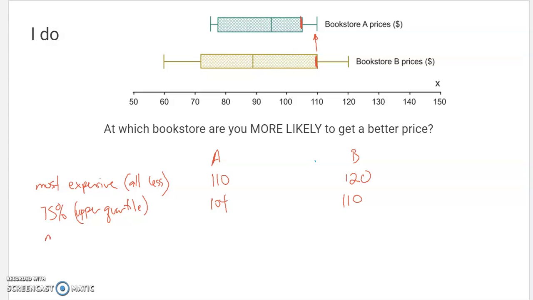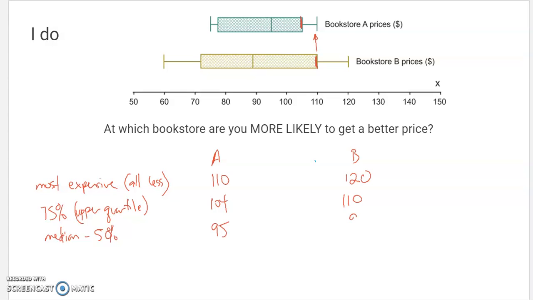Let's look at the median, or the 50% point. So at store A, we're starting to get a difference here. At store A, looks like half the books are $95 or less, half the books are $95 or more. Store B, now we've kind of maybe gone less here.